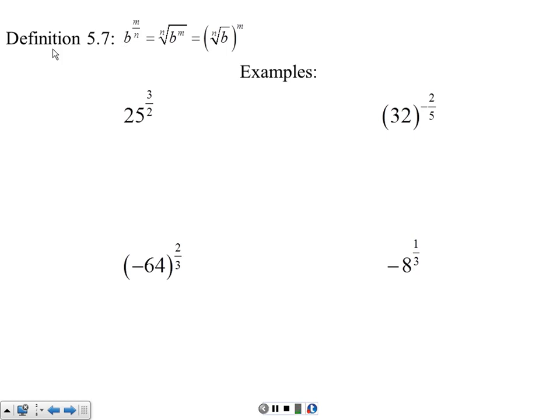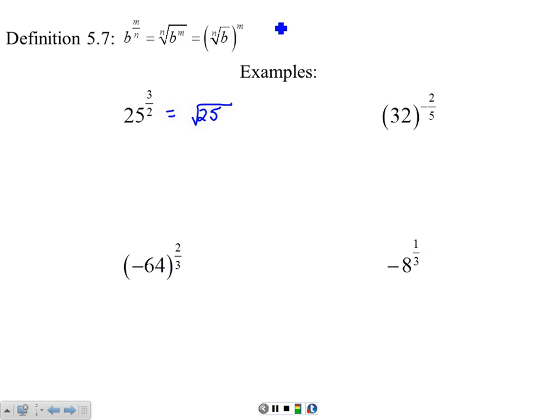So if we have something like 25 raised to the 3/2 power, 25 is your base, so it's going to turn into your radicand. Your numerator is going to be your power, and you can put it on the inside or on the outside, depending on the problem.